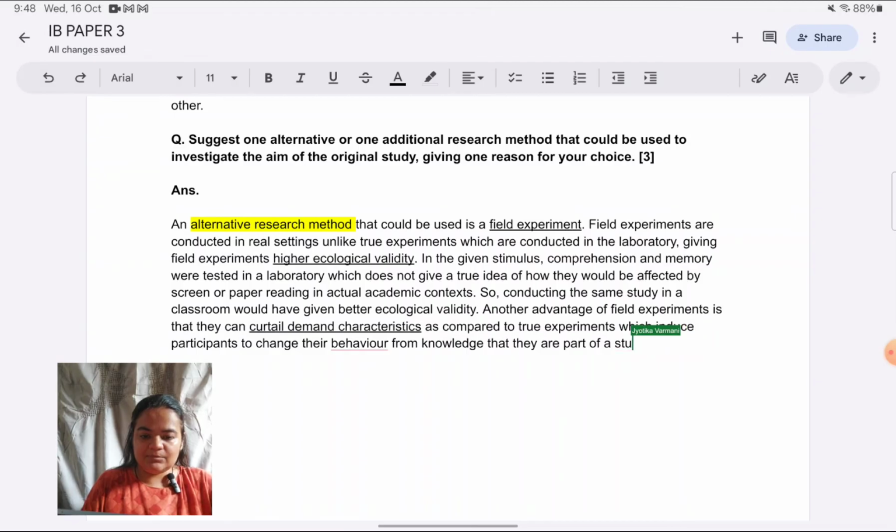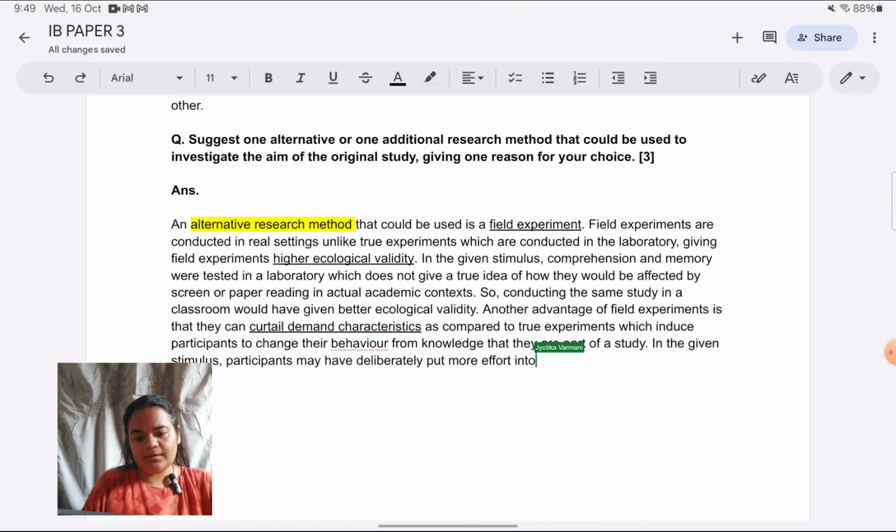In the given stimulus, participants may have deliberately put more effort into comprehending and recalling the given material, as they knew they were in an experiment.